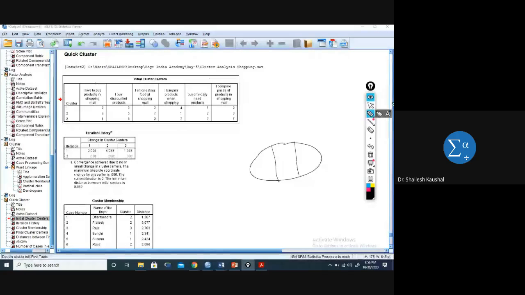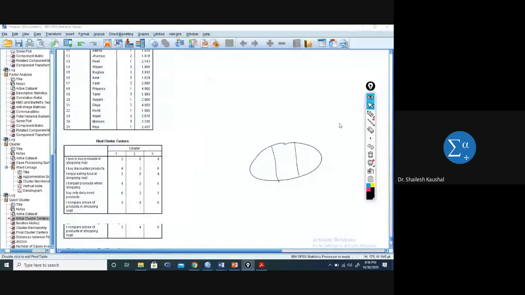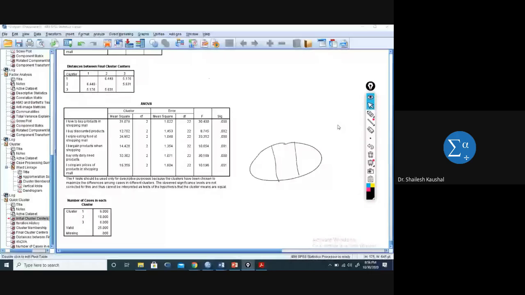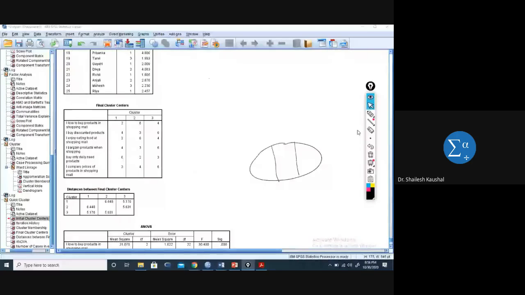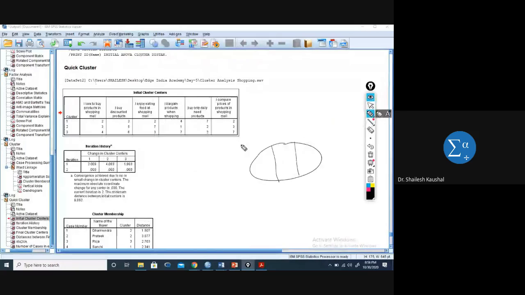We will check here how many people are in cluster 1. Sorry, in cluster 1 there are 9 people. You can see here 9 people: 9, 10, and 6.